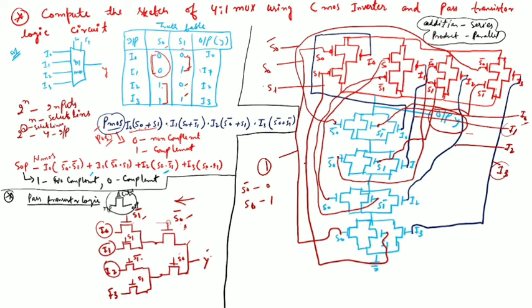And finally, when S0 is 1 and S1 is 1, both non-complement, then it will detect I3 at the output. So this is the pass transistor logic circuit.